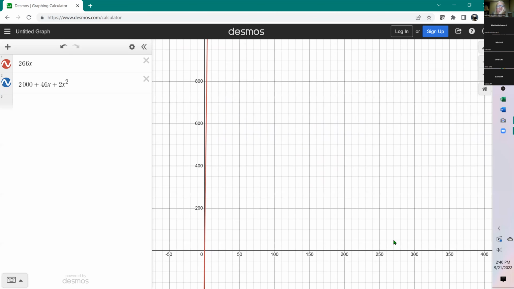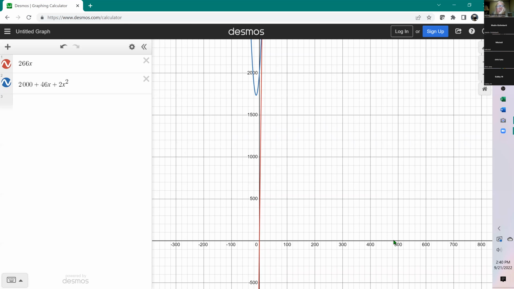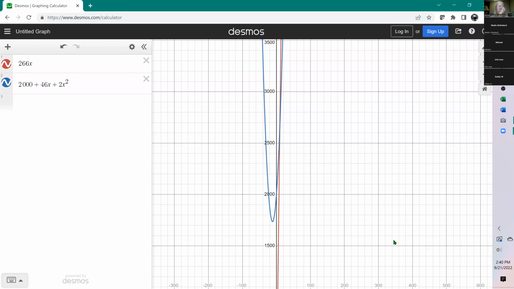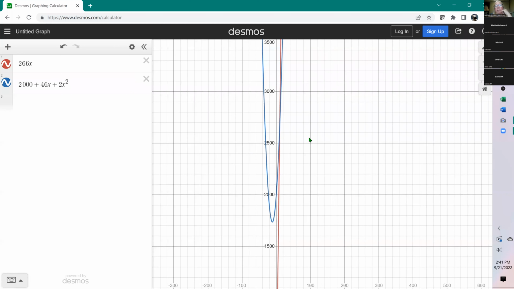Did I type something wrong? 2000x plus 46x. Okay, usually the graph will all be in the first quadrant, but this one is not, but where it hits 10 and 100, it is.